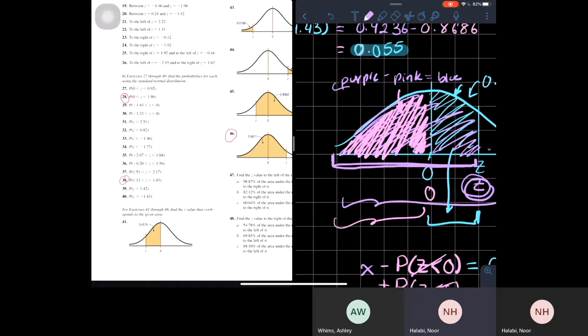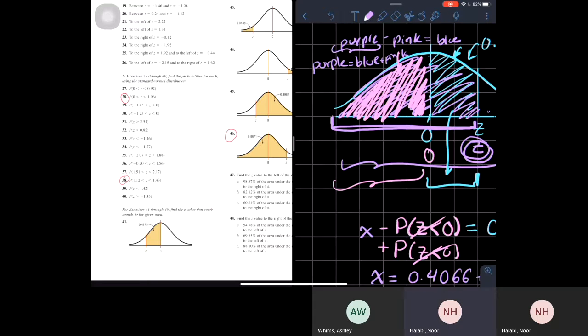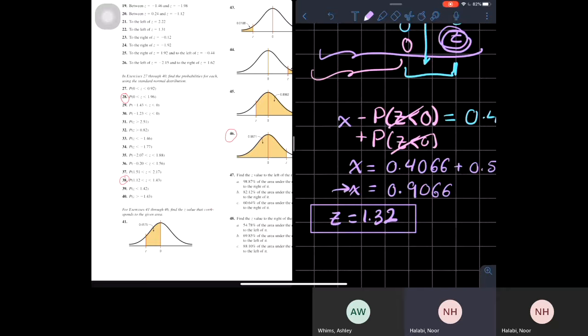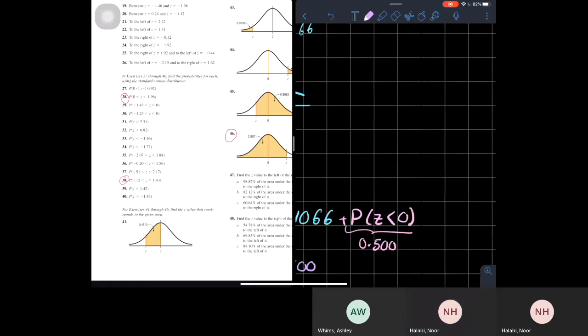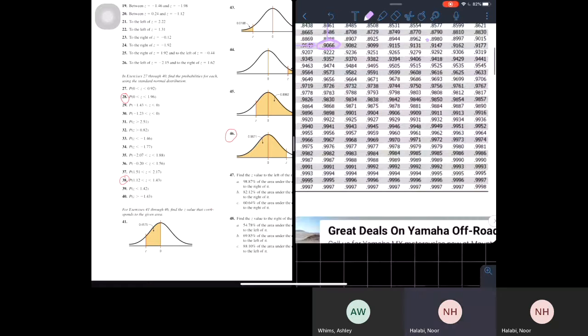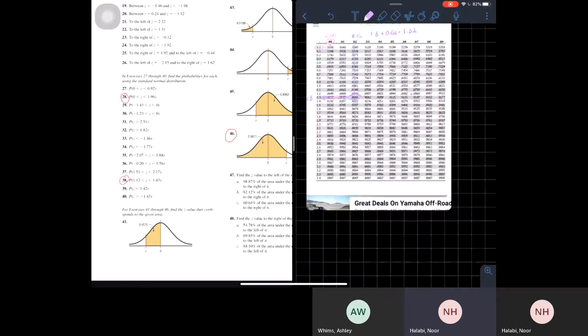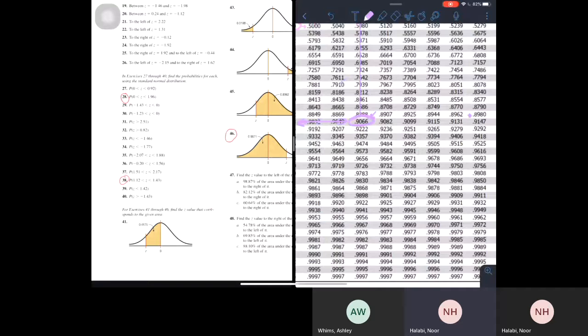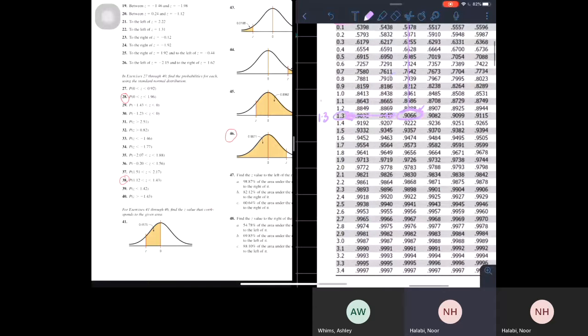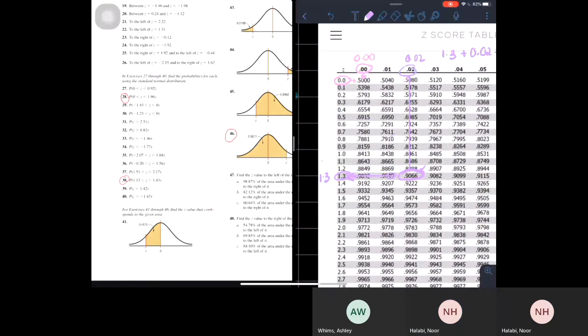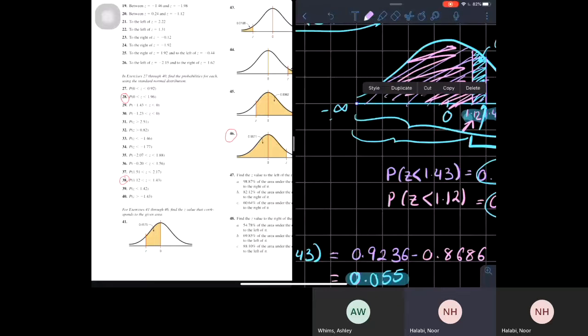So if I wanted to solve for the purple, purple will just be blue plus pink. And that's how we got our x right here. Then we went to the z-score table and figured out where my x was, and then went out to see what the z-score would be. So yeah, that was a small recap of what just happened.